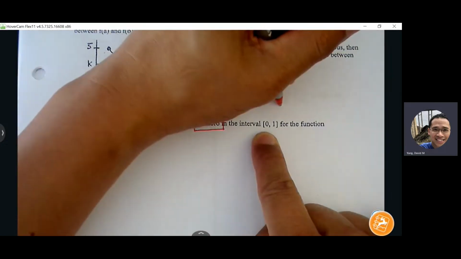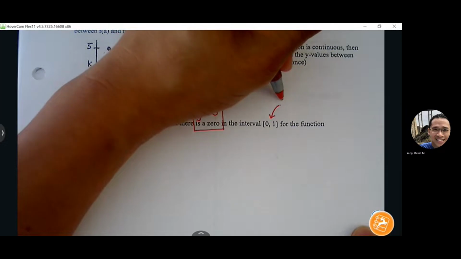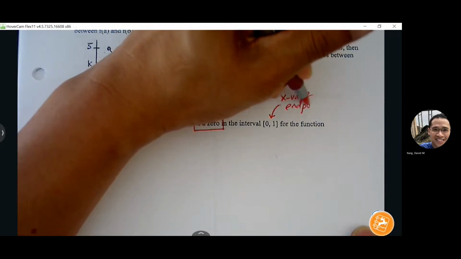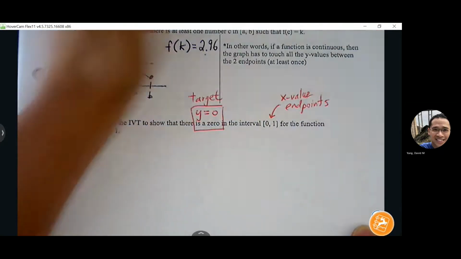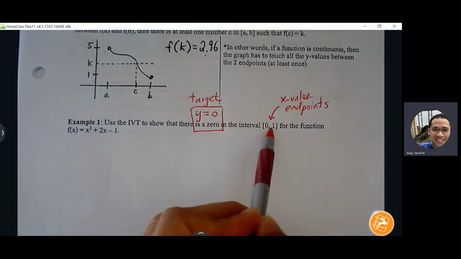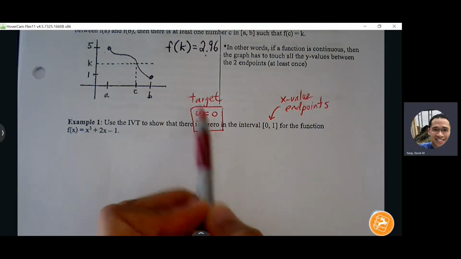So this is important that we understand these are not y values, these are x values. So we never want to be comparing this with these two, because these are matching variables. We want to compare y values with y values.